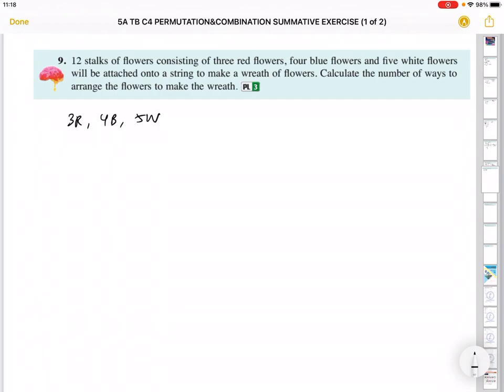Okay, first of all, you need to think there are 12 stalks, and the flowers are identical. We should actually say artificial flower, because if it's a real flower, it can be a bit different. You can never have 2 humans the same. You can never have 2 fruits the same.